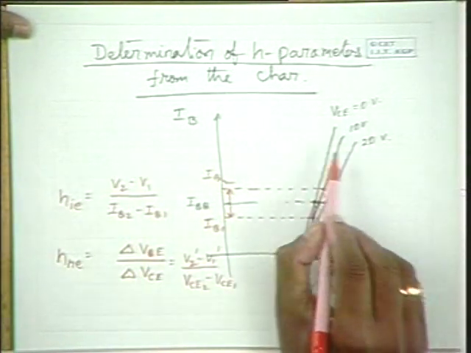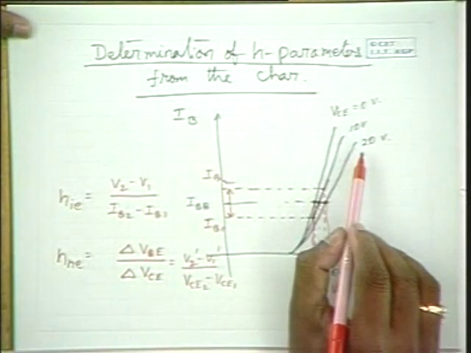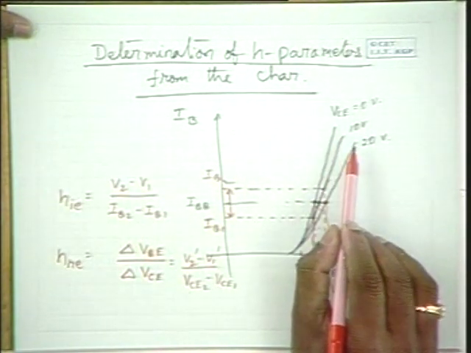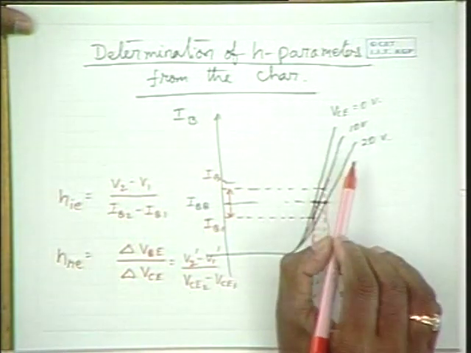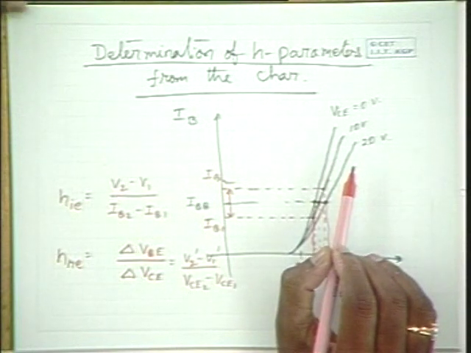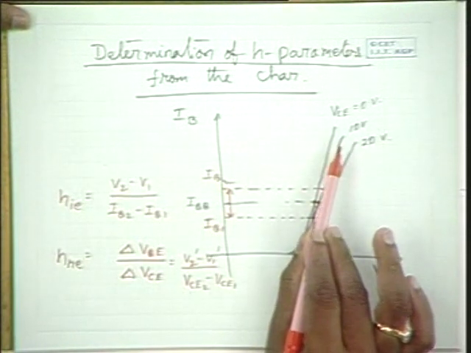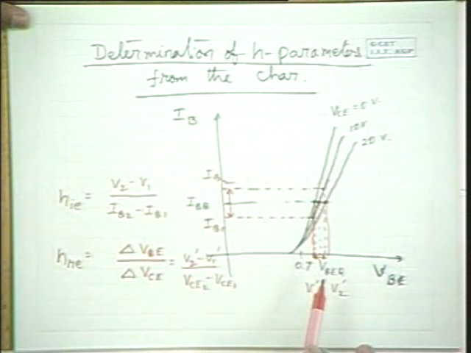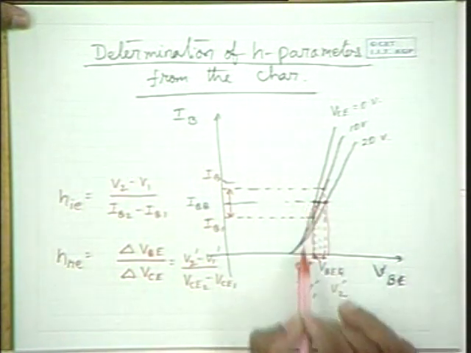So here also VC is varying around the Q point voltage of 10 volts. If you apply an AC signal at the output which varies from 0 to 20 volts around the quiescent voltage of 10 volts, this much VBE variation will occur even when IB is held constant at IBQ.